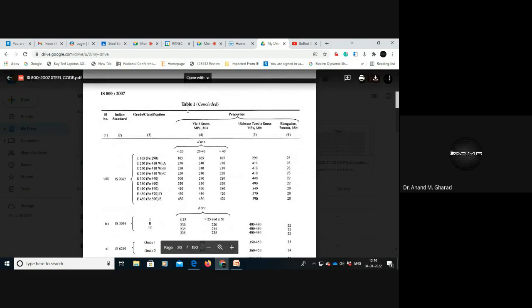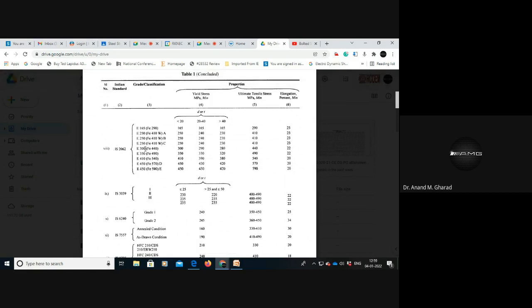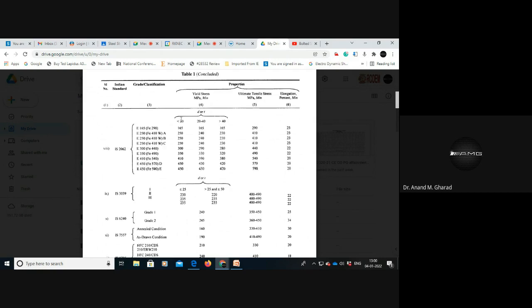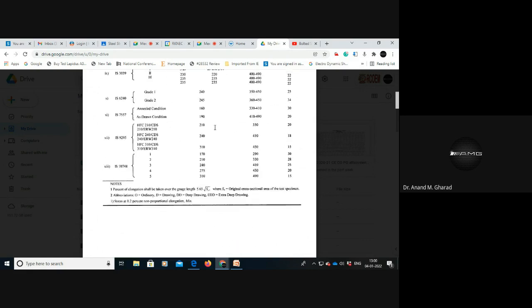Next, this Table 1 is continued on page number 14, and over here you will see IS 2062, which I have already discussed. This is for the plates, right? So we will understand the significance of this and why we are using it.